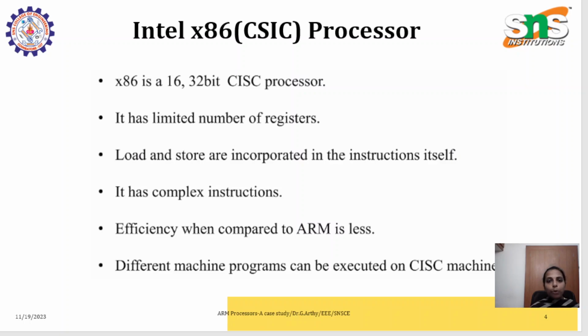Intel is a CISC processor, that is, a complex instruction set computing processor. It has a limited number of registers. The load and store are incorporated in the instruction itself. It has complex instructions since it is a CISC architecture. Efficiency when compared to ARM is very low. These are the different features of Intel.